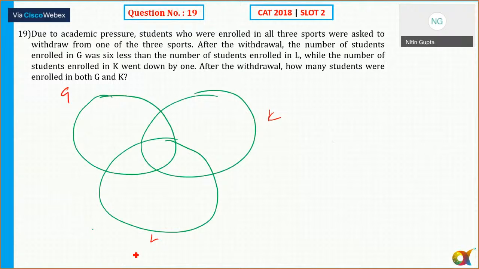This is G, this is K, this is L. We know that all three was initially equal to 4.